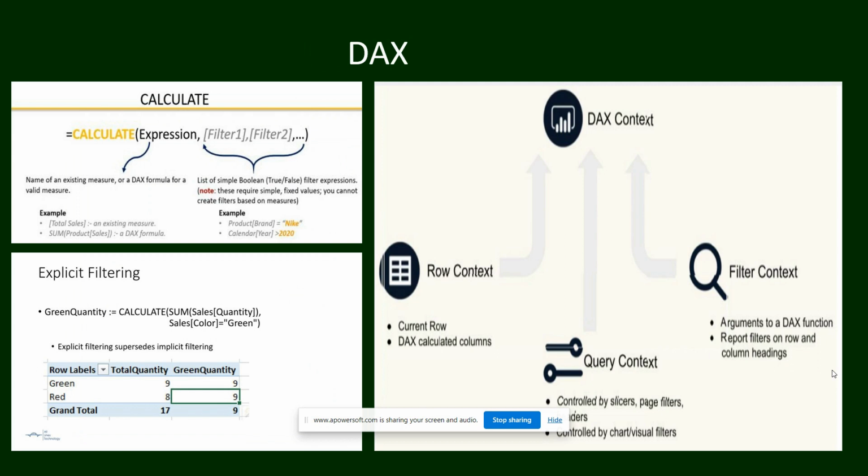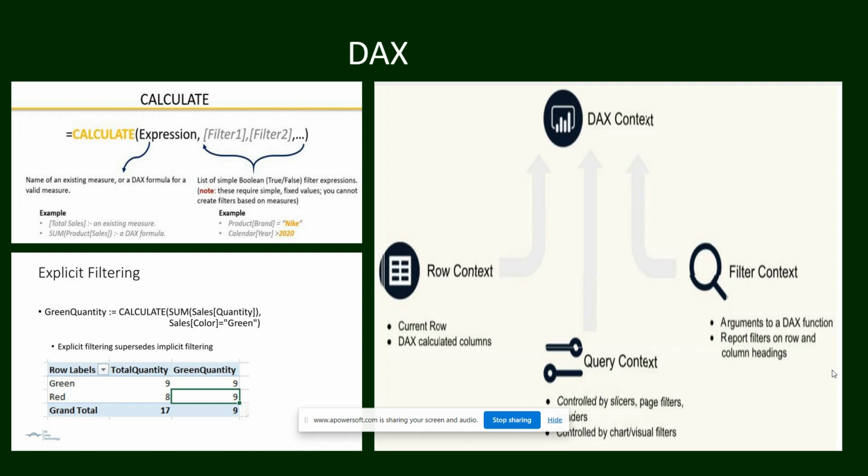Let's say I'm just applying a sum of sales quantity, then that comes as a default implicit filter. If I'm applying one more attribute, the color, because I want the sum of sales quantity of the color green, then this is the filter introduced by ourselves, so we call it an explicit filter.